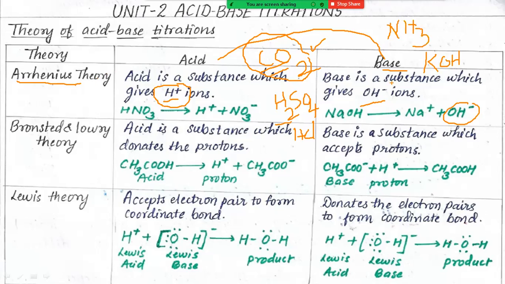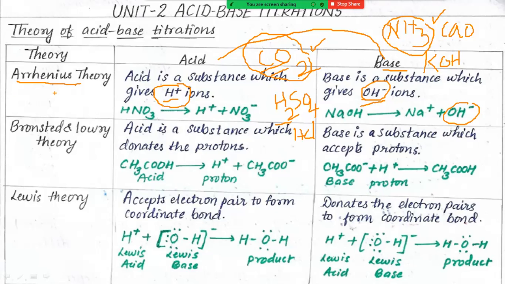According to Arrhenius theory, a base must release OH minus. But ammonia is also a base, and it is not releasing any hydroxyl ions, right? So Arrhenius theory also fails to explain other bases such as ammonia, calcium oxide, CaO, and magnesium oxide.